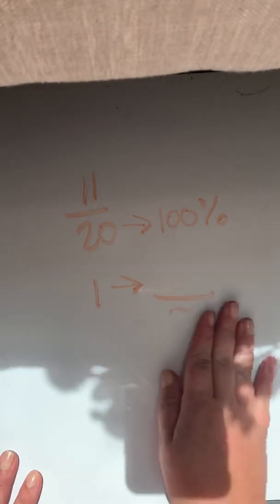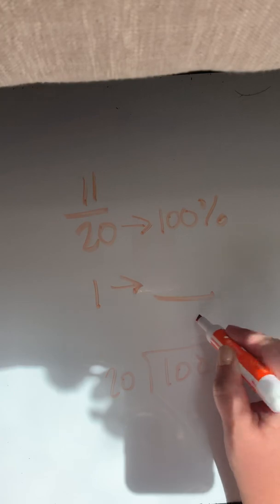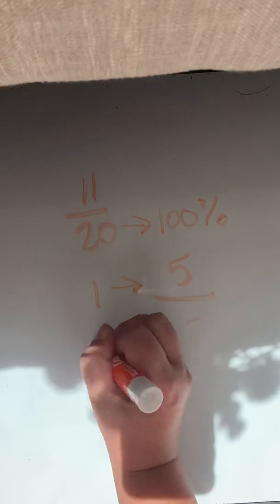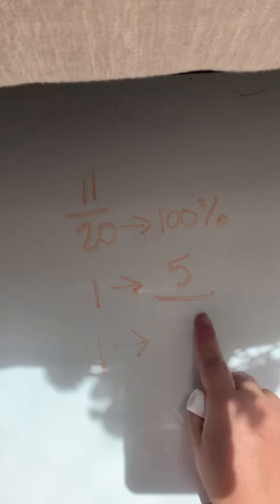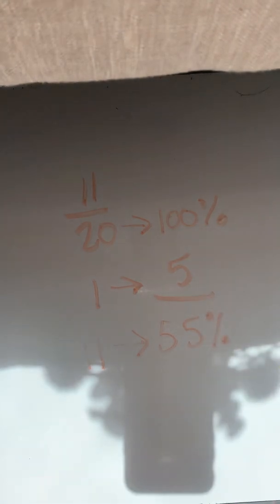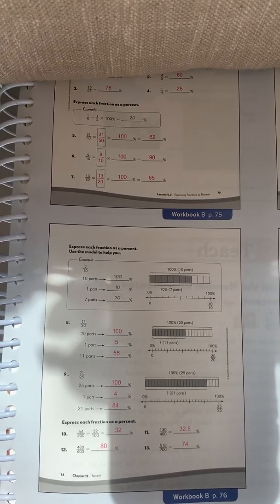Sorry, I did that wrong. Not by 11, by 20. So 100 divided by 20. Okay. Then you get your 5. Okay, so 1 part is 5%. All right, so then 11 parts, there's the 11. So if 1 part is 5%, then 11, so what's 5 times 11? 55. Excellent. Okay, I'd like for you to go ahead and try to finish the rest of the page. Go ahead and pause the video. Okay, double check and make sure you have all of those, friends.